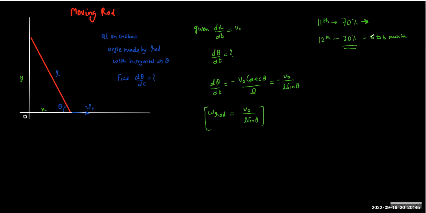Anybody else who is getting the answer d theta by dt? Yes, sir, done. Yeah, you are done. Anybody else? Guys, tell me. Rugved, you got the answer? So can you show what happens after cos theta equals x by r? Differentiating both sides with respect to time. Simple.